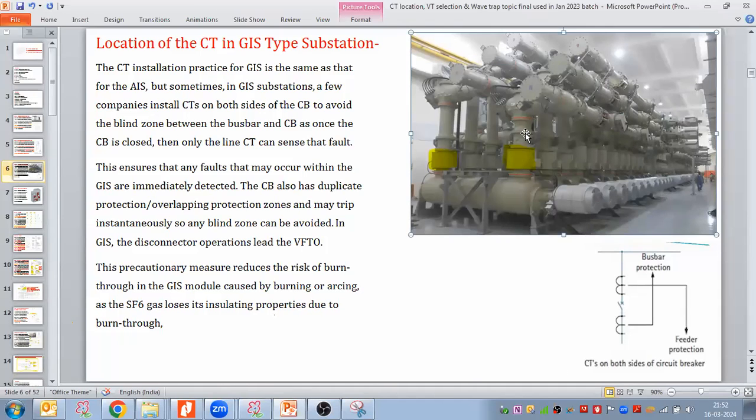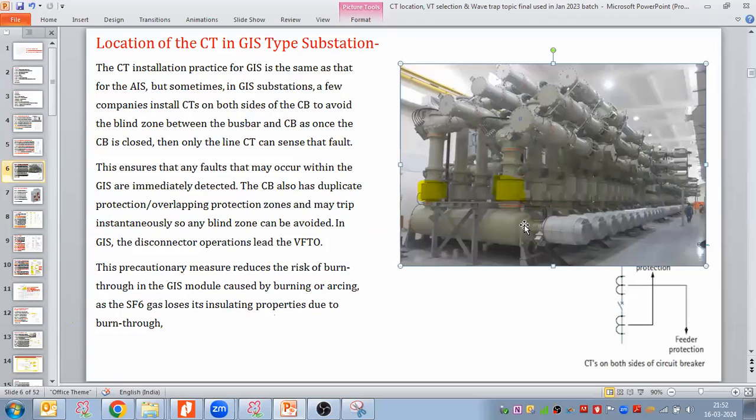The GIS is a separate module, and we will discuss GIS in detail. But just to make the CT point, I took the GIS here. The longest module, this horizontal module of the GIS, is the breaker module, with the breaker operating mechanism box, all this white color as you can see here.